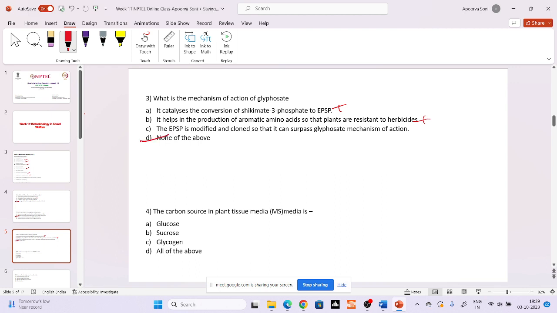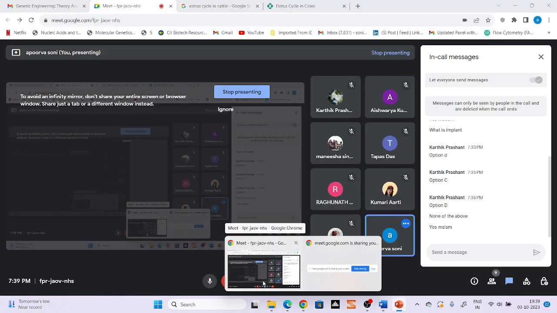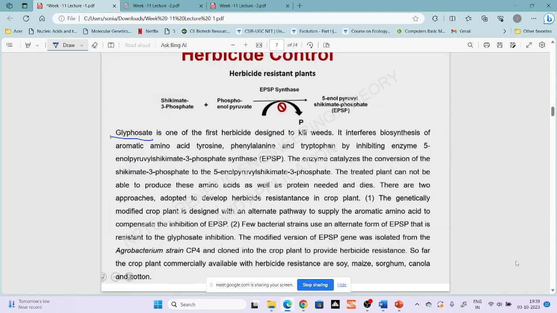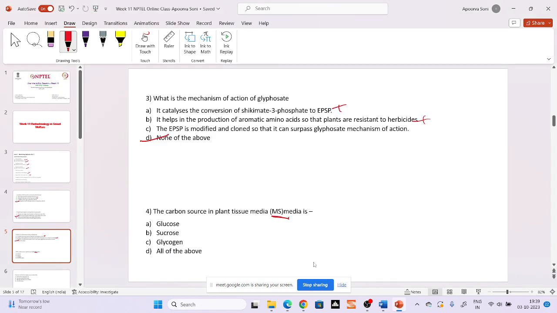The next question is, the carbon source in plant tissue culture media, specifically the MS media, is glucose, sucrose, glycogen, or all of the above. What is the carbon source in MS media? Ma'am, all of the above. No, we're talking about MS media, mostly the carbon source.